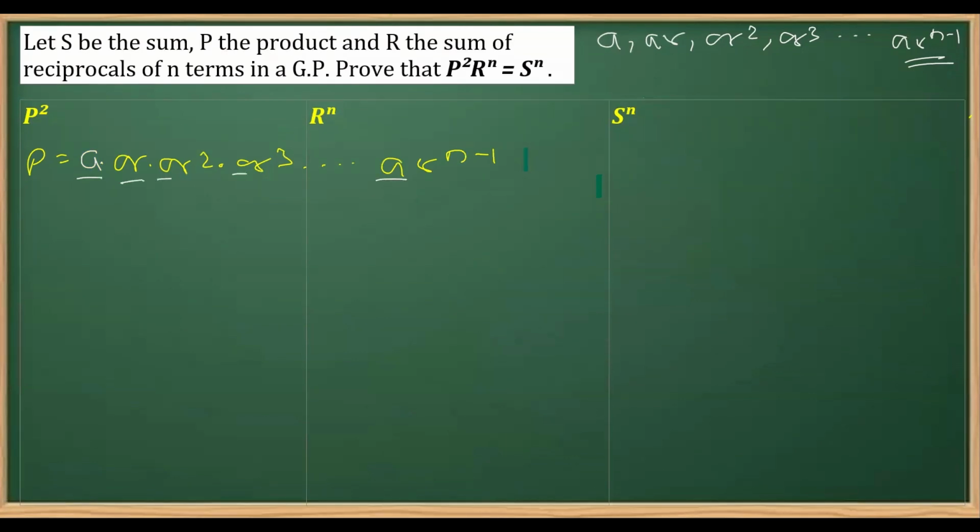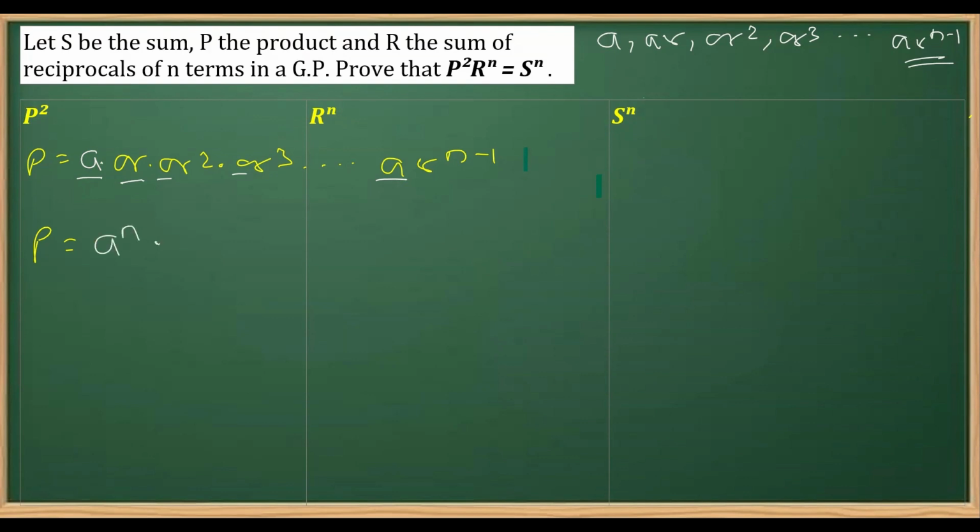One can get confused with n minus 1, but a starts from here and ends till here, so a is multiplied n number of times, which means a raised to the power n.